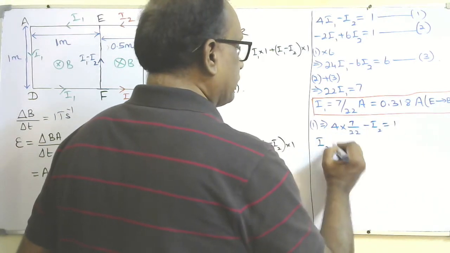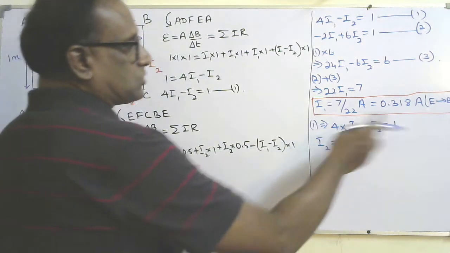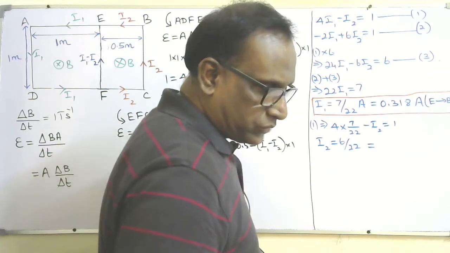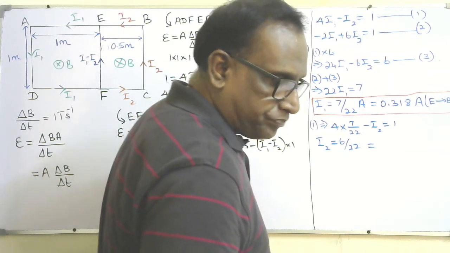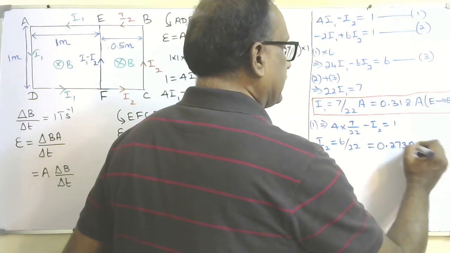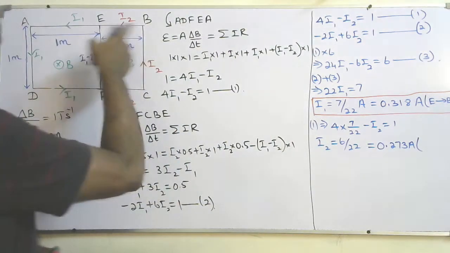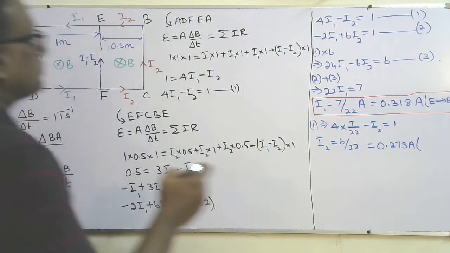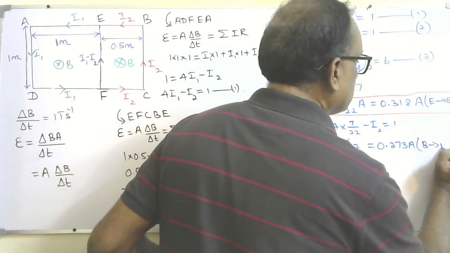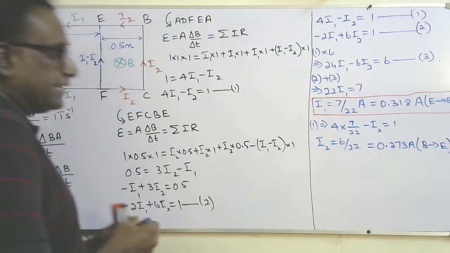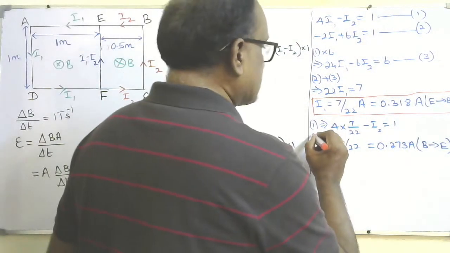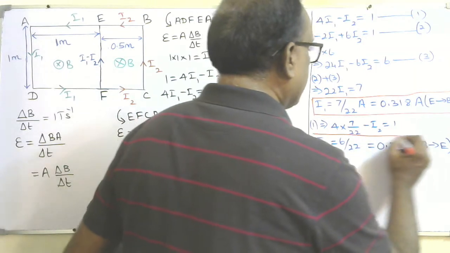So I2 will be equal to 28 minus 22, so 6 over 22, which is 0.273 ampere. The direction: I took it from B to E, and I'm getting a positive answer, so that means that's the direction of the current flow, B to E. So that is the current flow on EB, from B to E, and the value is 0.273 amperes.